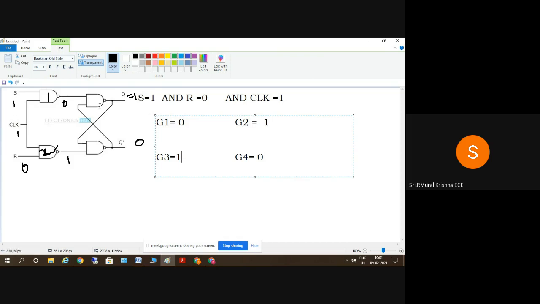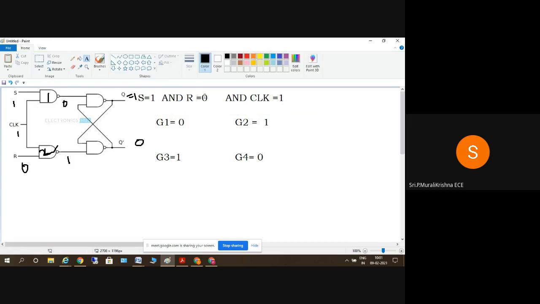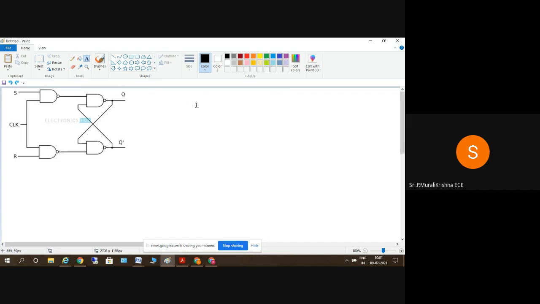Next one, when S is equal to 1 and R is equal to 1, it is an indeterminate state. So what happens when S is equal to 1, R is equal to 1 and clock is equal to 1?